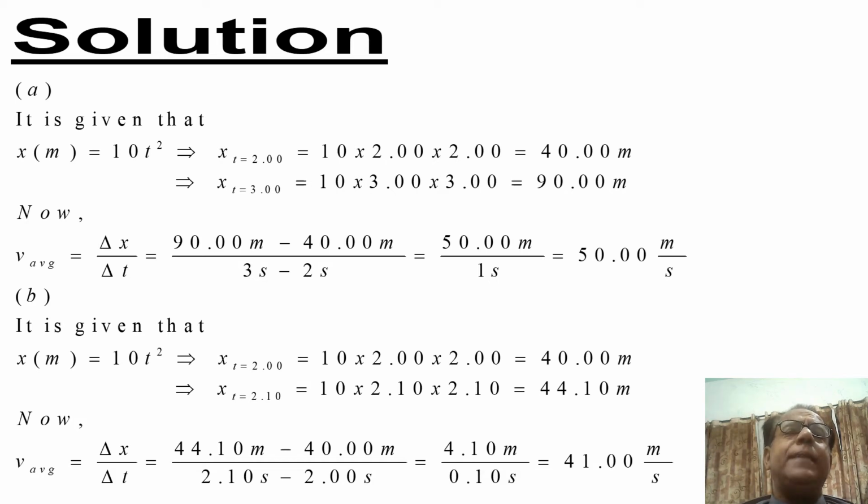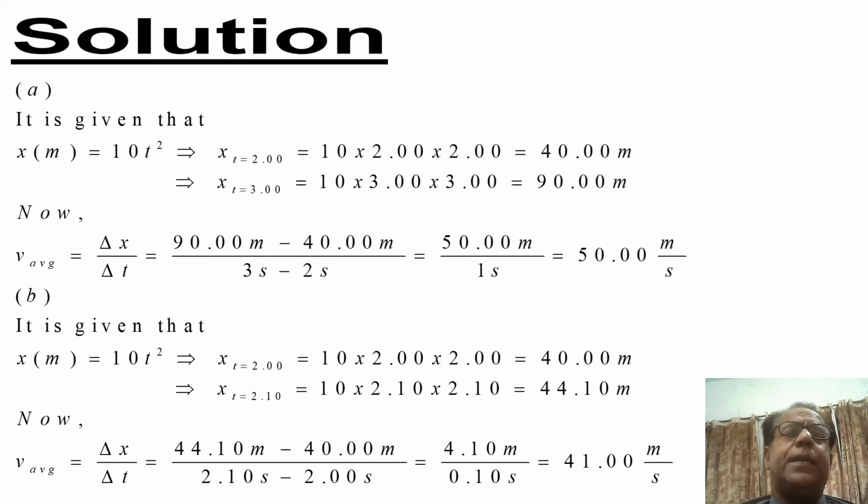Similarly, this implies that x at t equal to 3.00 is equal to 10 into 3.00 into 3.00, which alternatively becomes equal to 90.00 meter.